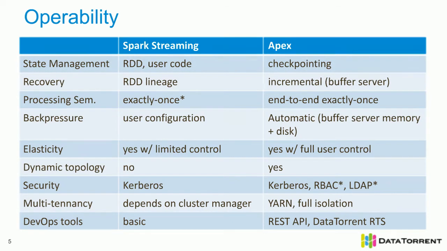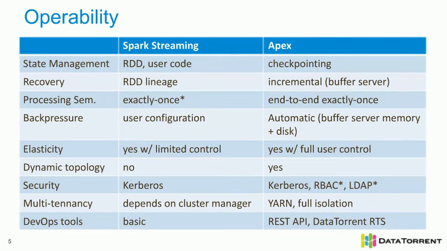There's something called a buffer server in Apex that enables that functionality. It basically provides a restore point at every hop in the topology, and therefore incremental recovery. Incremental recovery is a feature that's unique to Apex. As far as I know, no other system today supports that.